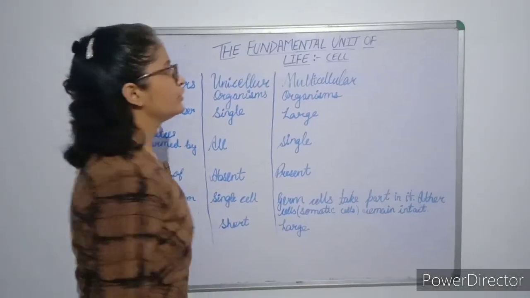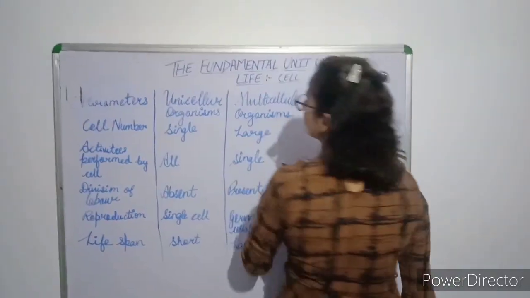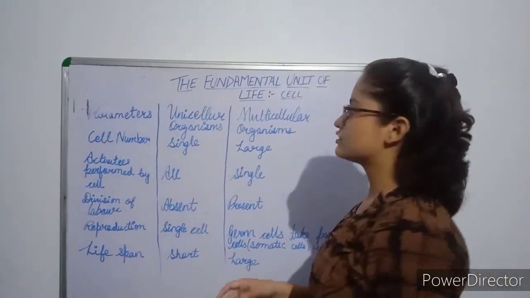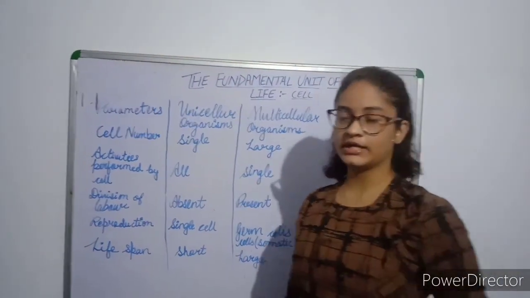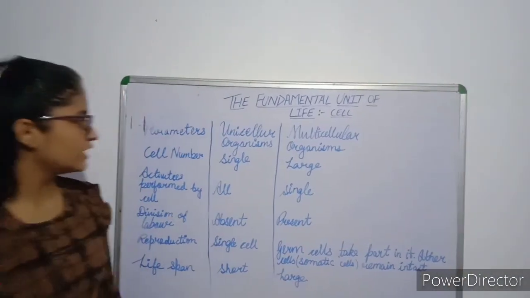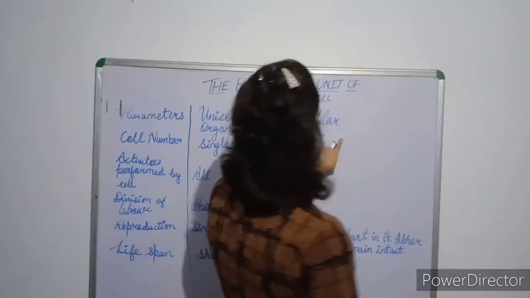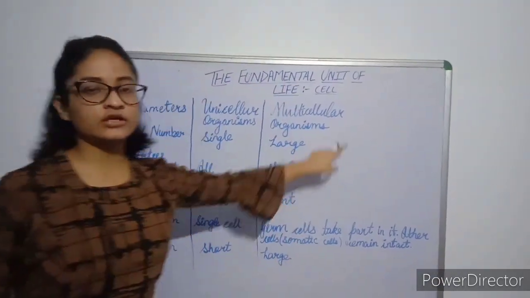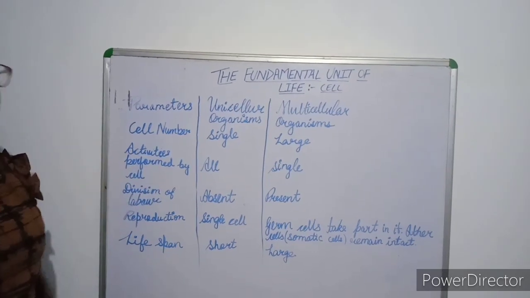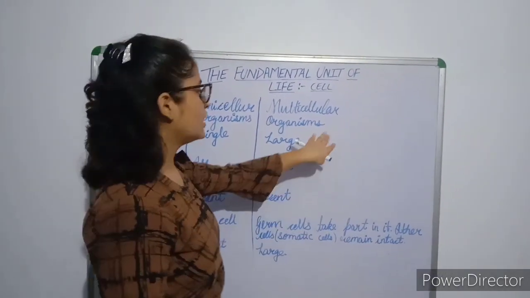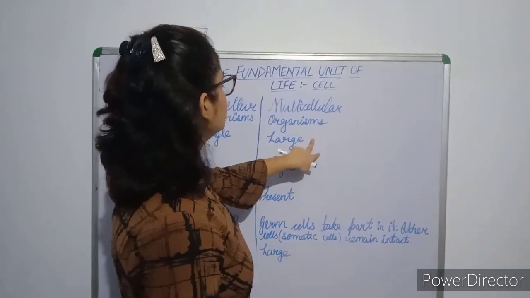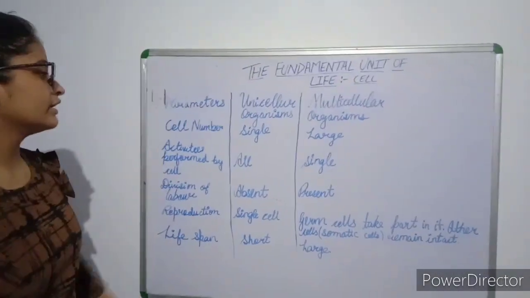Here we are with a new subtopic. What are the parameters which lead to the difference between a unicellular and a multicellular organism? These are the parameters: a unicellular organism versus a multicellular organism. Cell number. What is the cell number of a unicellular organism? This is single, and multi means many, so the cell number here is large.